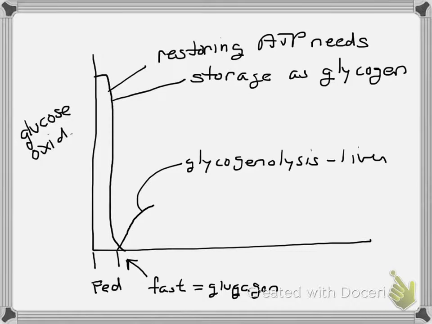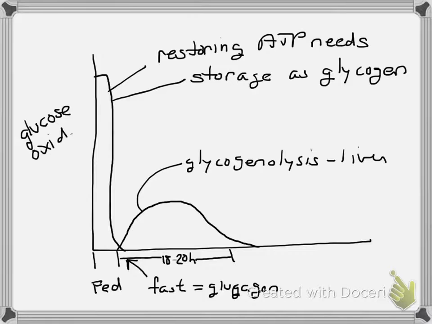Now, as we continue our fast, the glycogen stores will eventually disappear. And if we consider this period of time when our glycogen stores are being utilized, this is probably 18 to about 20 hours depending on physical activity.